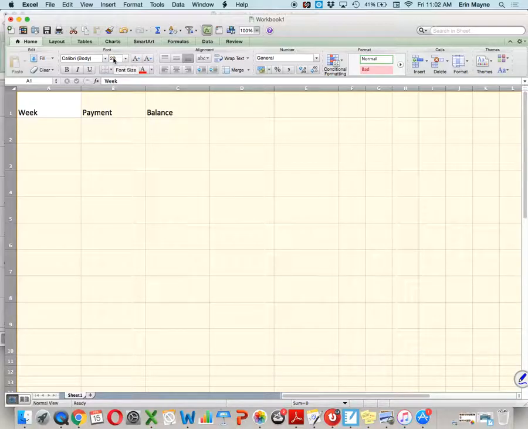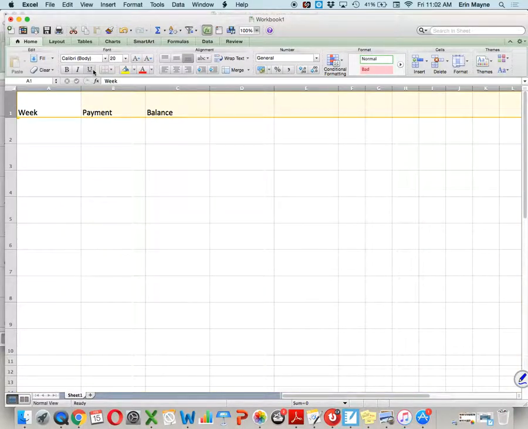And you are going to want to typically label your columns. If you're really good at spreadsheets, there's actually a way to hold on to those titles while you move the spreadsheet up and down.